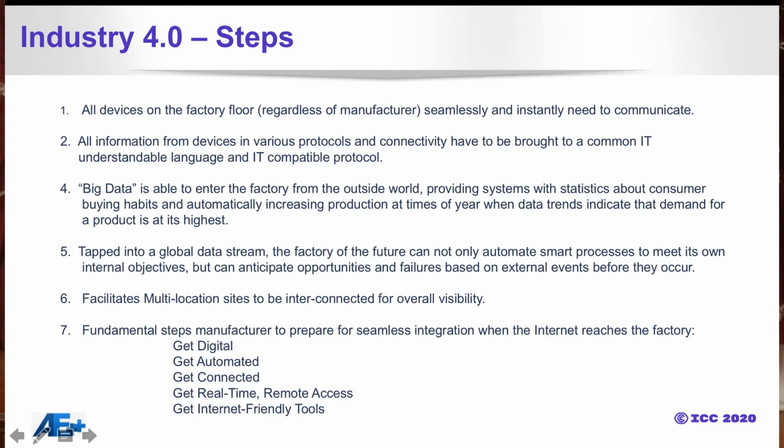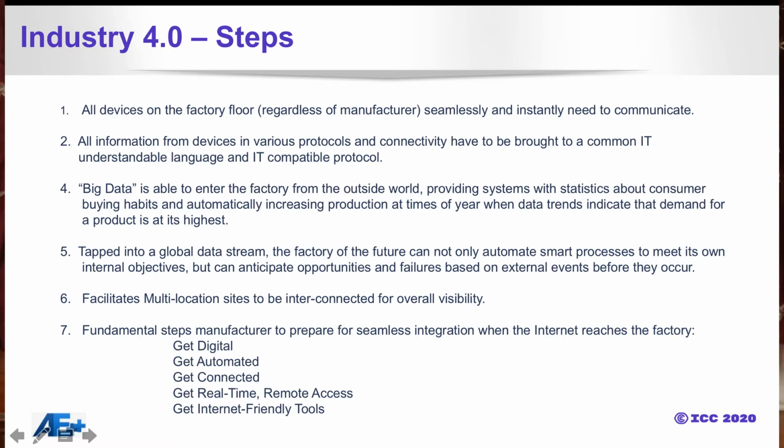And tapped into the global data stream, the factory of the future can not only automate smart processes to meet its own internal objectives, but can anticipate opportunities and failures based on external events before they occur. So, these are some of the factors that have to be taken into account when you talk about Industry 4.0.